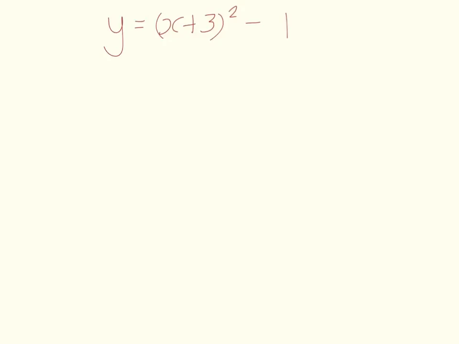There are a couple of ways you can think about it. You can just remember the facts, or you can think about it in terms of the graphs. Let's imagine this is my regular y equals x squared with a turning point of 0, 0. This part here tells me that I need to move this graph down one place.